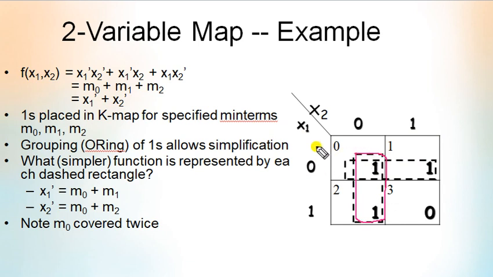For this group x1 is not stable, x1 has 0 and 1. And what about x2? x2 has only one value, 0, so we will write x2 bar. So after simplification we get x1 bar plus x2 bar. Clear?